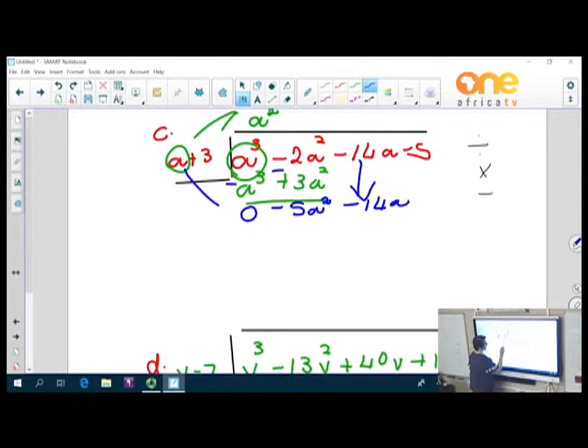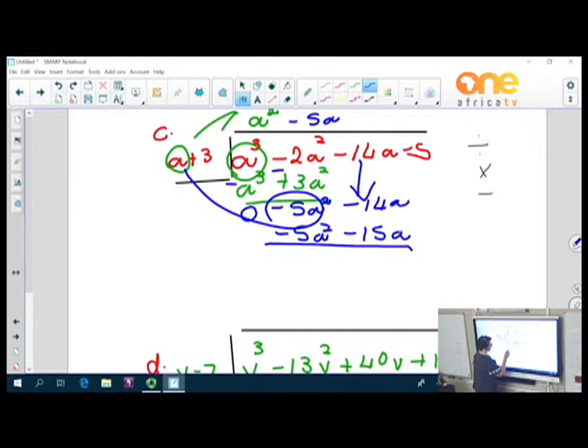How many times will a divide into this one? Negative 5a times. Multiply, negative 5a squared, negative 15a. And subtract. Change the second signs. There is an elimination. Negative 14 plus 15 is 1a.